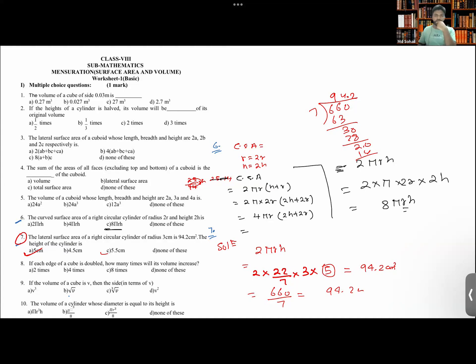There will be questions related to finding the cost; you will be provided with the rate and you will have to find the cost. In some cases, like in this question, you are required to find the height. In some questions, you will be required to find the radius of the cylinder. So try to complete the exercise.